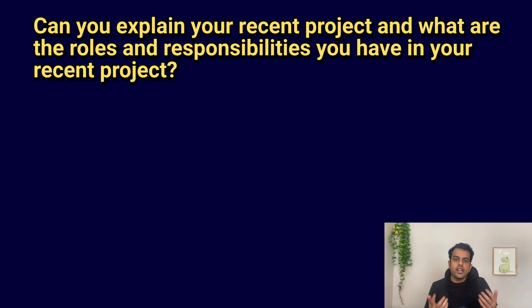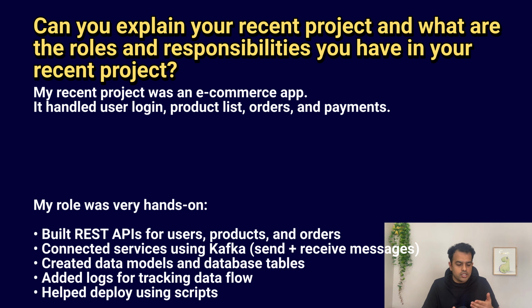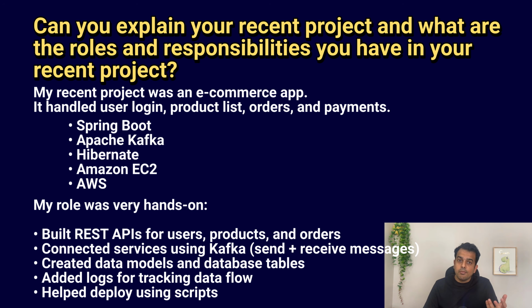I will take an example of an e-commerce app, and I would say that my recent project was an e-commerce app. It is used to handle the user login, product list, orders and payments. The tech stack we are using is Spring Boot, Kafka, Spring Data JPA, and EC2 instances on AWS. My roles and responsibilities were building REST APIs for the user, product and order service.